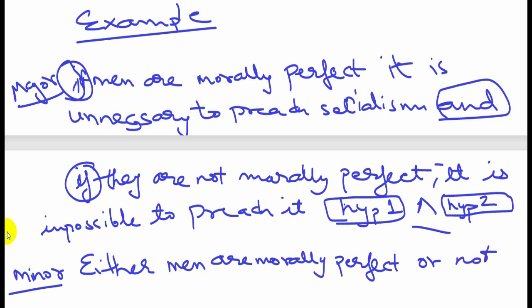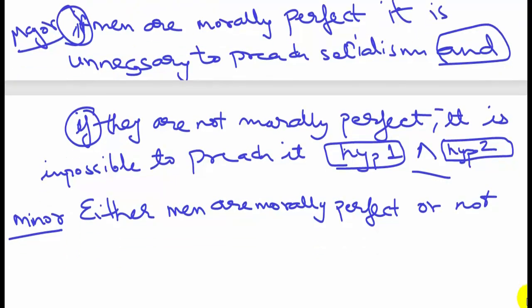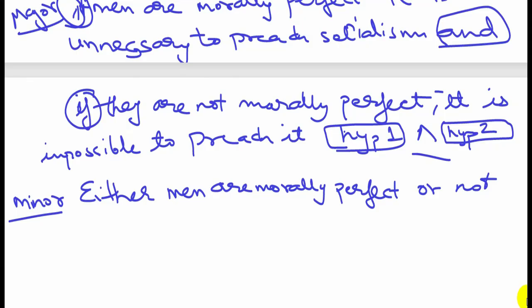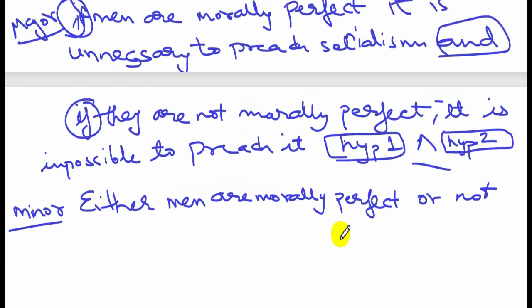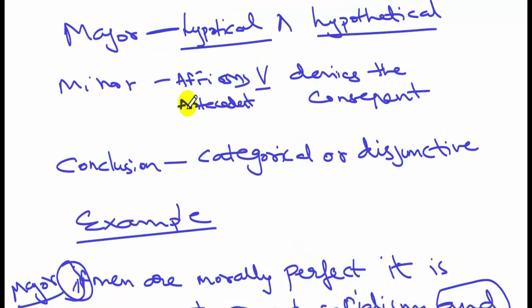As we saw earlier, minor either affirms the antecedent or denies the consequent, whereas conclusion would be either a categorical or a disjunctive statement.